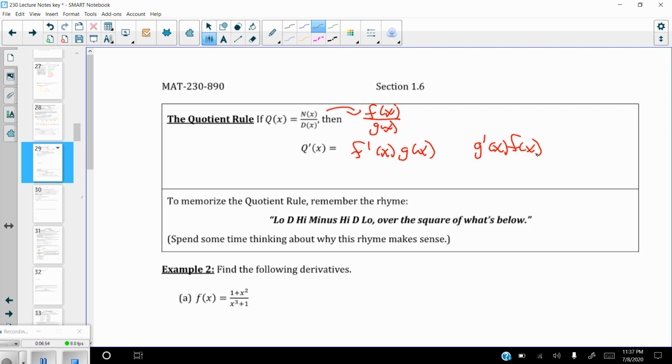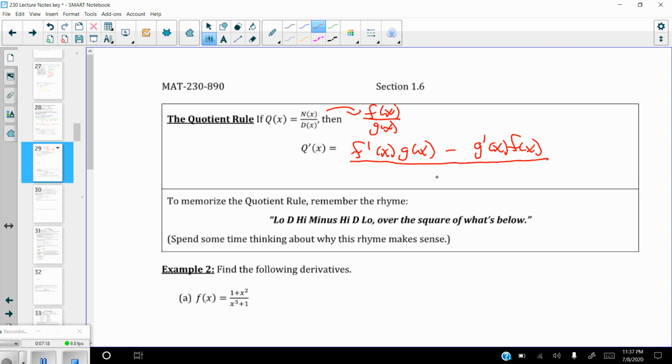Yes, except the product rule is adding, this is subtracting. If you remember one, you should remember the other because they are exactly the same order. There is one additional piece to the quotient rule. All of that is over the square of the denominator.